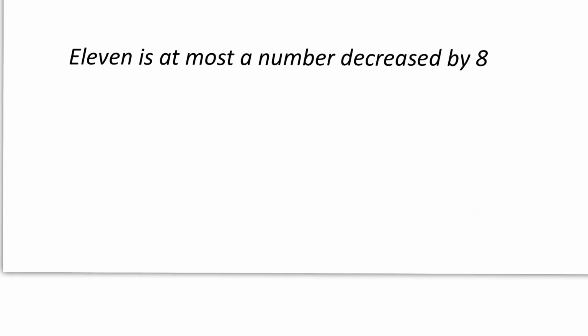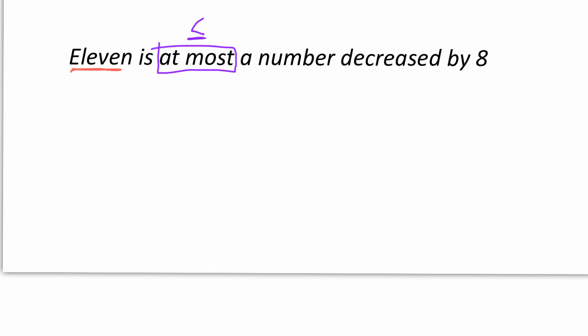Now the next one says 11 is at most a number decreased by 8. So we know that we need 11, and the keywords "at most" mean less than or equal to a number.